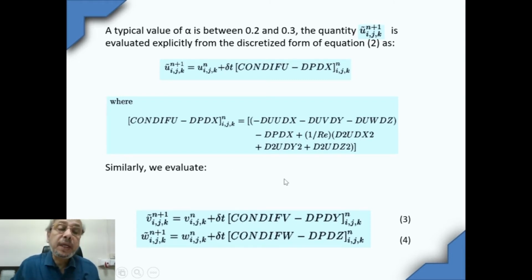This way we advance the velocity components at each cell from a level n to n plus 1, but these velocities have not yet satisfied the continuity equation in each cell, so we are calling them provisionally advanced velocities.